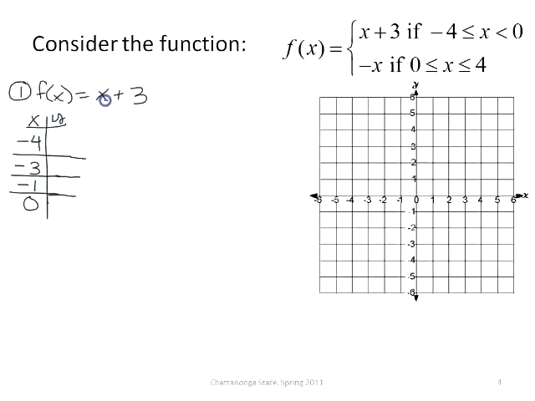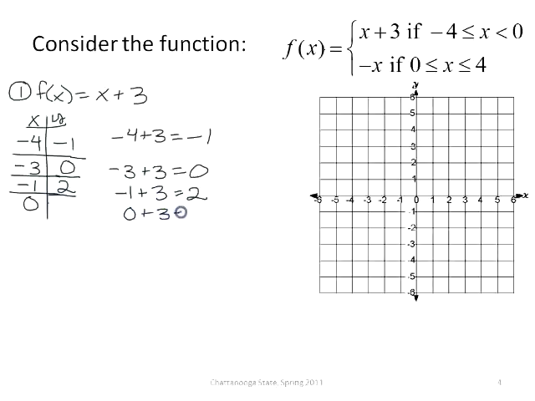When I plug in -4 for x, I have -4 plus 3, which gives me -1. When I plug in -3 for x, I have -3 plus 3, which is 0. When I plug in -1 for x, -1 plus 3 is 2, so I get a y value of 2. And when I plug in 0, I get 0 plus 3, so I have a y value of 3.